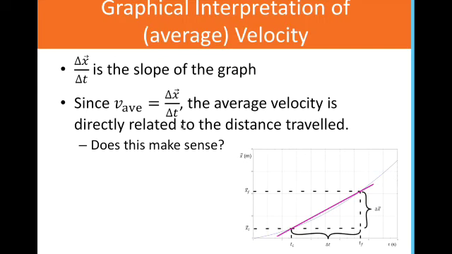And that makes sense, because the longer the time interval, the further you are going to travel, given that you have the same average velocity. If we just take that across, velocity times time will give you the distance.